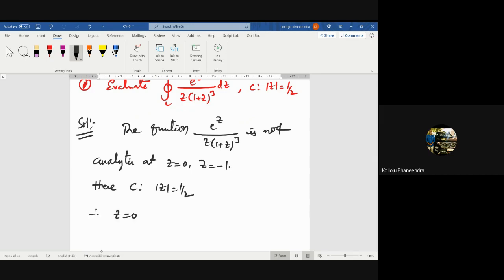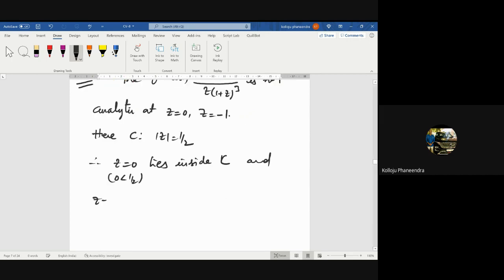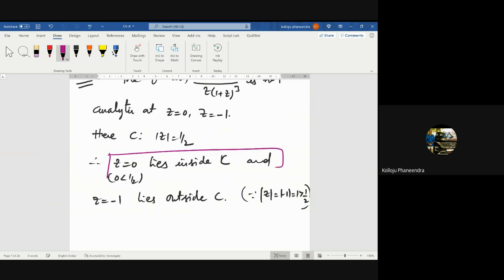Therefore, z = 0 lies inside C, since 0 is less than 1/2. And the other one, z = -1, lies outside C, since |-1| = 1 is greater than 1/2. The value is greater than the radius. So only one point lies inside: z = 0.